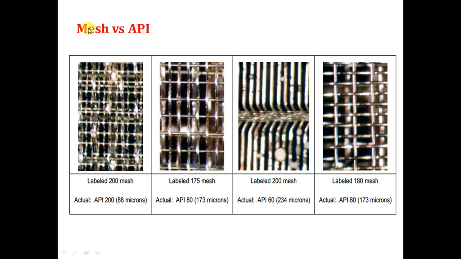For example, a company like MI has API 170, which means D100 equals 74. For another company, the API 170 has a D100 equal to 47. There is no problem, but the mesh differs from one company to another.